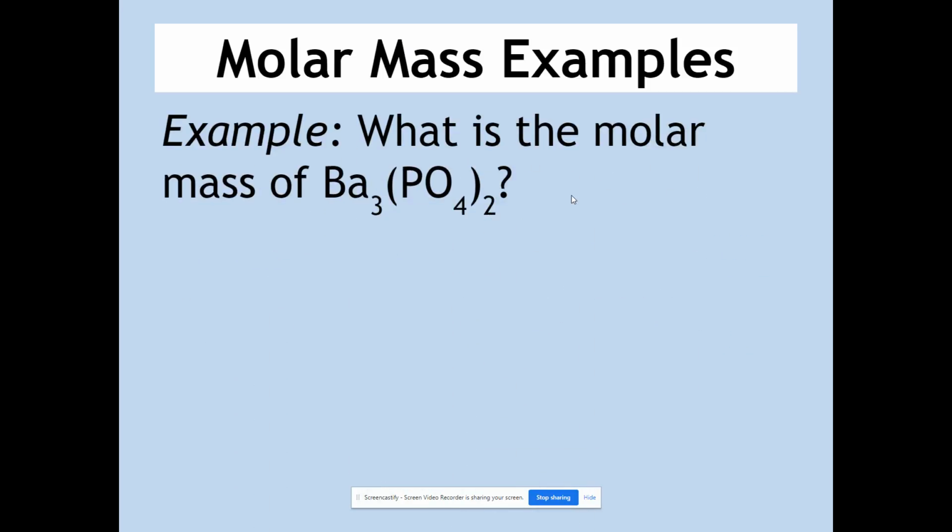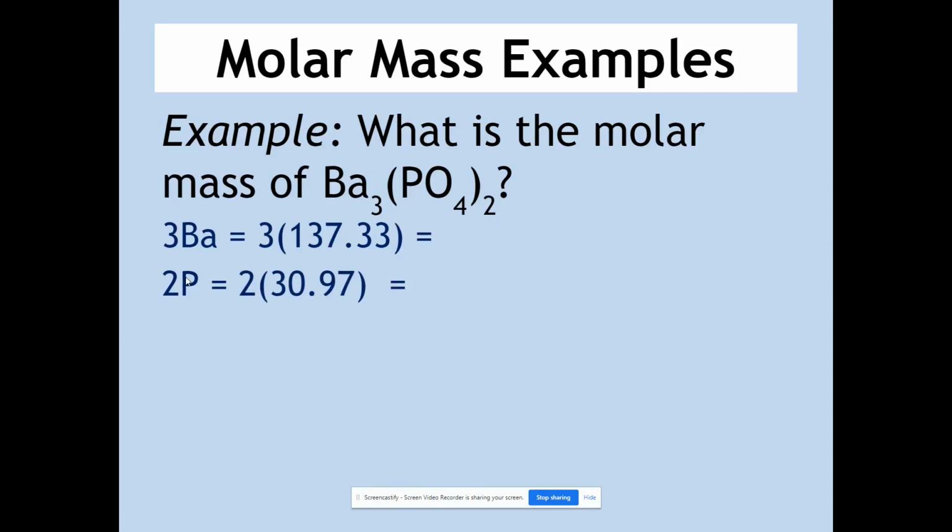Additionally, let's do it again with tribarium diphosphate. 3 barium atoms, 137.33 times 3. 2 phosphorus and 8 oxygen, right? So we're going to use our subscript here. Remember, it's like factoring.